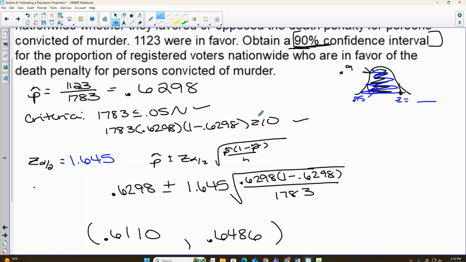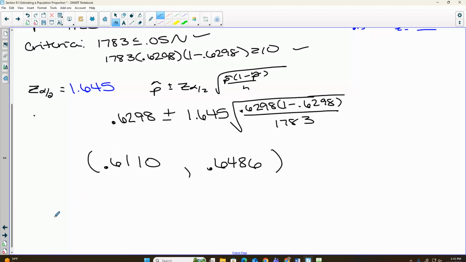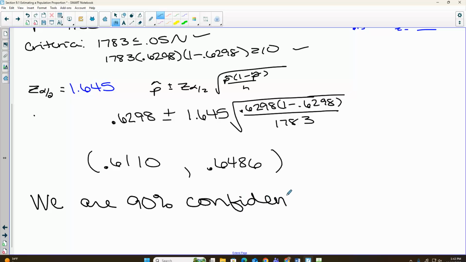I did put a blank slide after this one if you need a little more space, but let's write a sentence of what this means. So this was a 90% confidence interval. So we are 90% confident, what were we finding here?